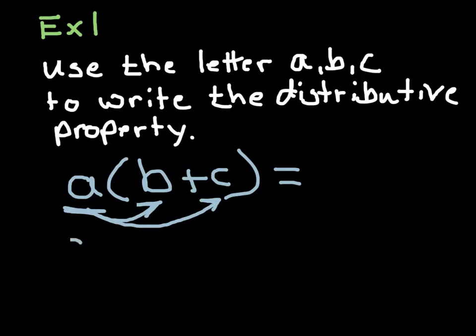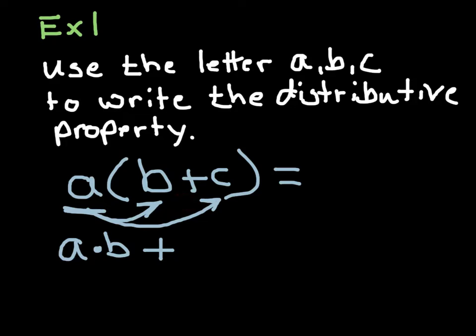I'm going to take A times B, and by the way, when we use the distributive property, it is multiplication. You take that value outside the parentheses and multiply it by B, plus, and the plus sign comes from the plus sign inside the parentheses. If that sign were a minus sign, I would use a minus, but here it's a plus.